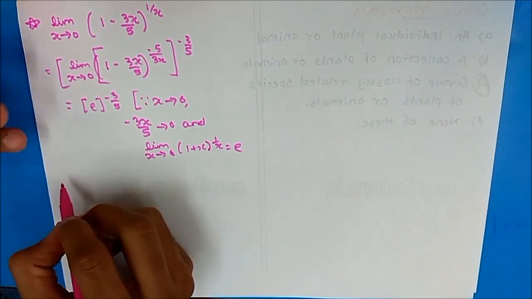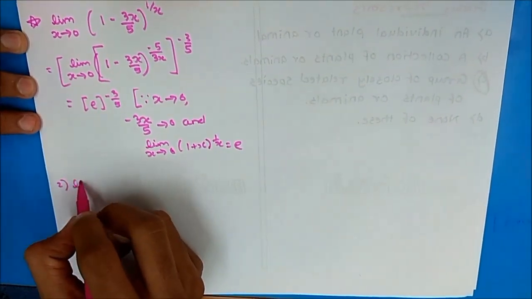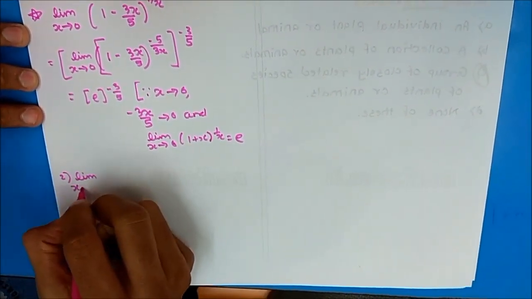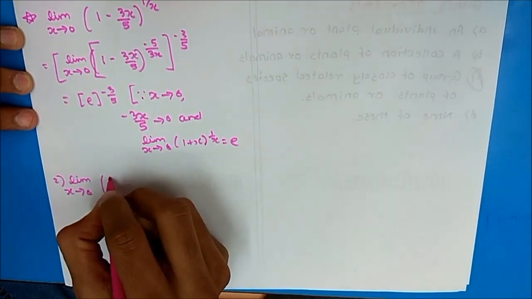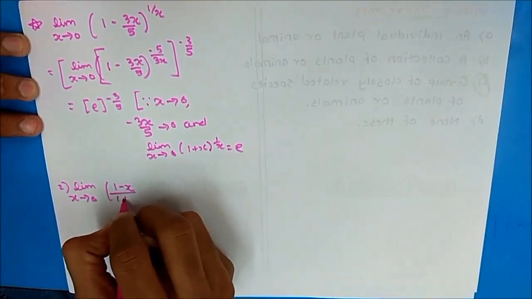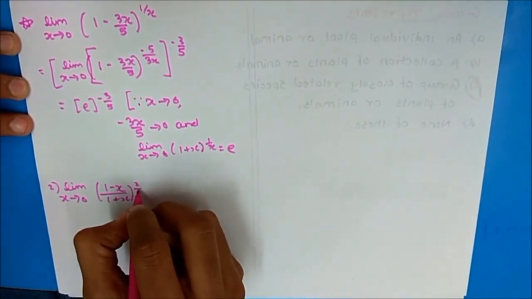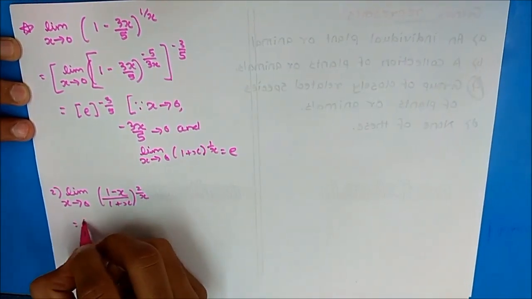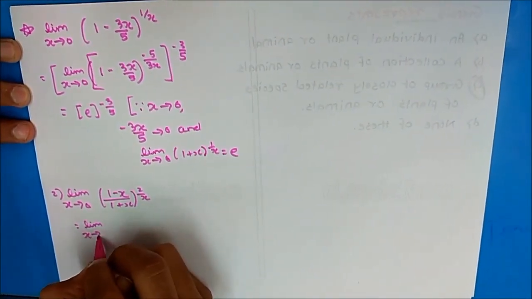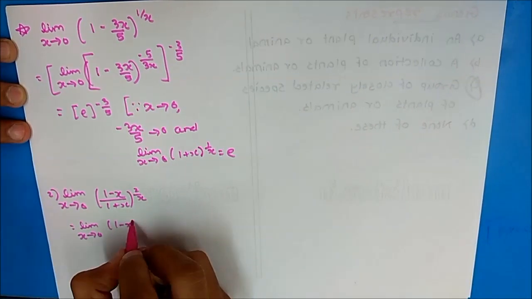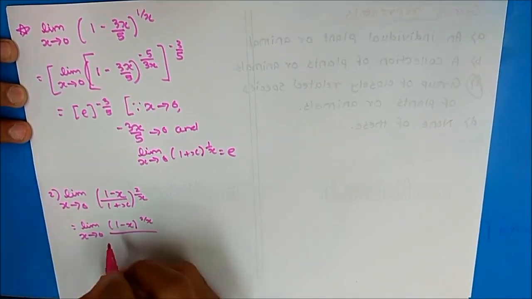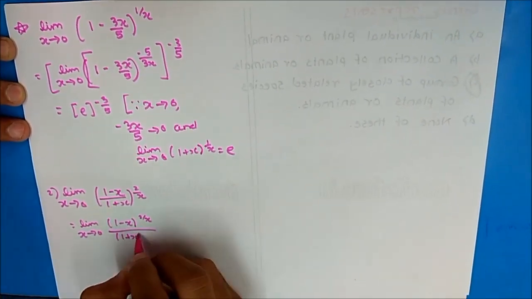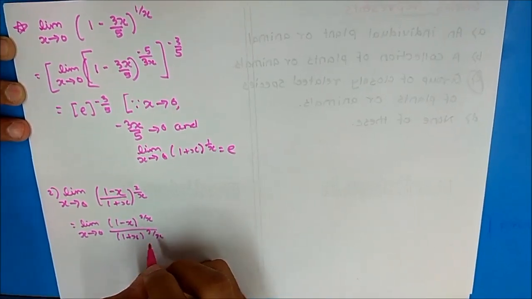Do second sum. Limit x tends to 0 ((1 minus x) upon (1 plus x)) raised to 2 by x. The answer is limit x tends to 0 (1 minus x) raised to 2 by x upon (1 plus x) raised to 2 by x.